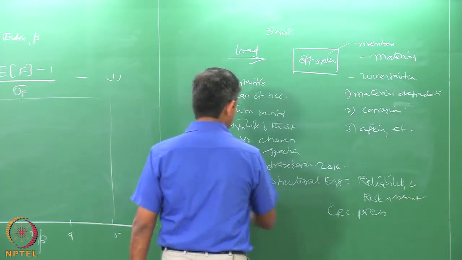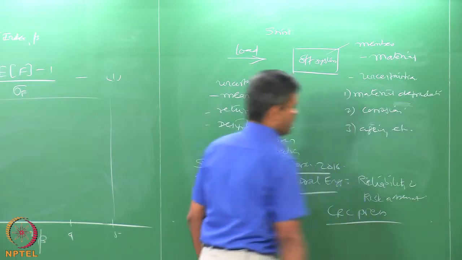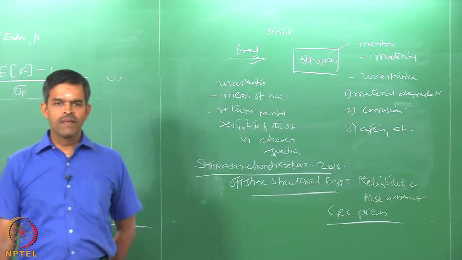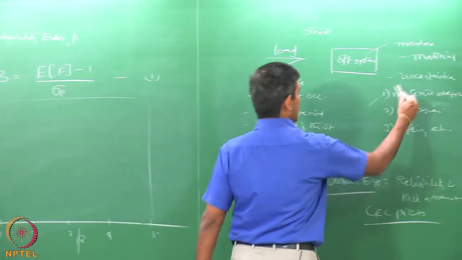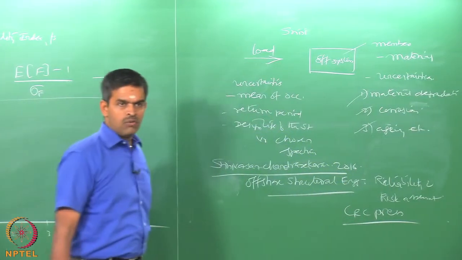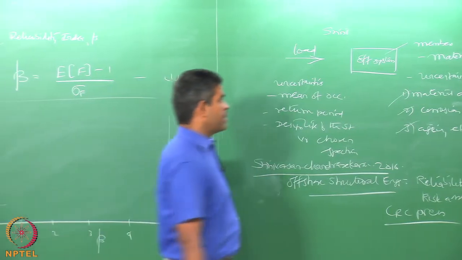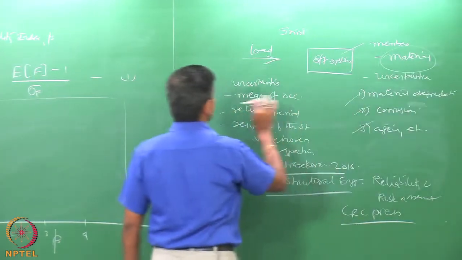I have listed the ISBN number etc. in the reference of the NPTEL website. You can look into more details on what are those factors which can affect or contribute to uncertainty, especially in the material front and in the loading front.